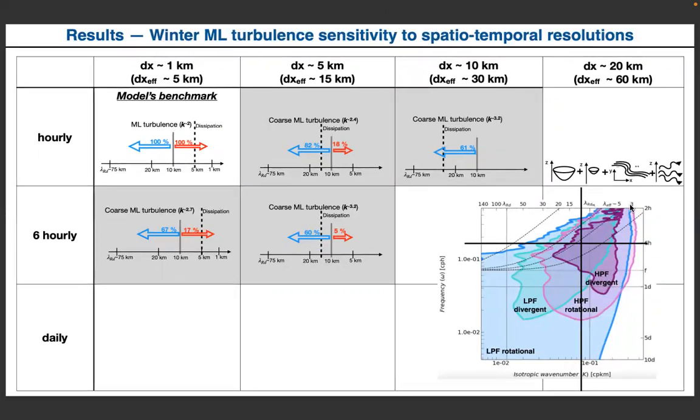And this results in a slightly coarser winter mixed layer turbulence. So we have a steeper spectral slope. We have a forward cascade which is quasi-null. And we have an inverse turbulent cascade which is underestimated by up to 30%. So it shows the importance of high spatial-temporal scales for both the inverse and the forward turbulent cascade.